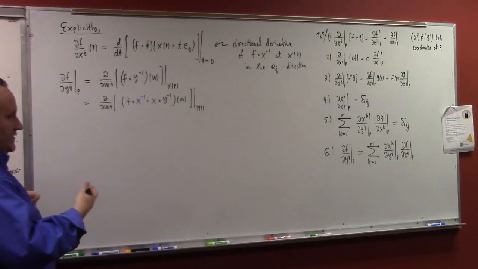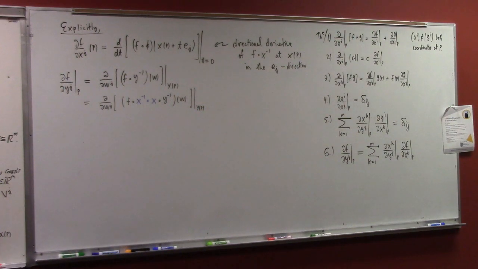We can do that because of the assumption of the overlaps of the chart domains that we made. We're still talking about the common pair of chart domains at p.